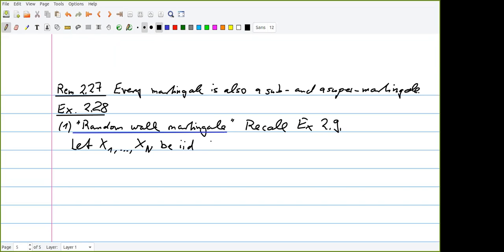They are independent and identically distributed random variables. And we assumed that the expected value of each of these random variables is equal to 0 for all i from 1 to n.